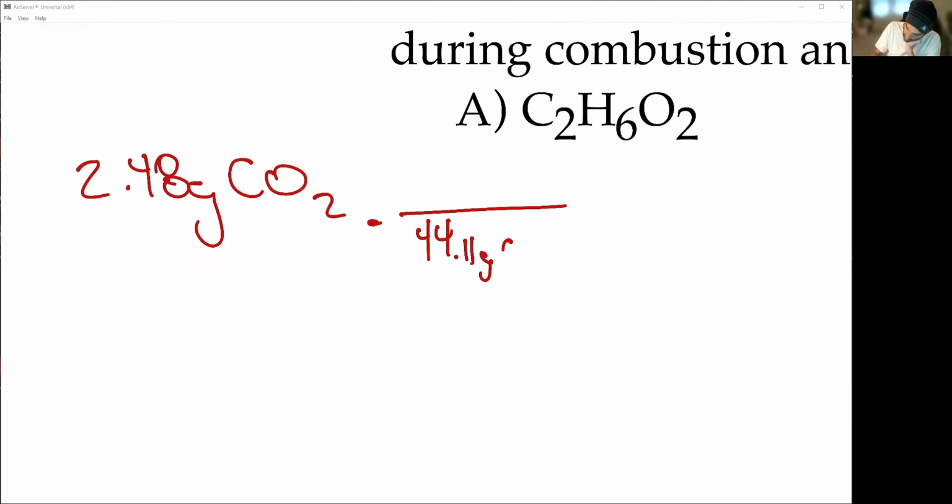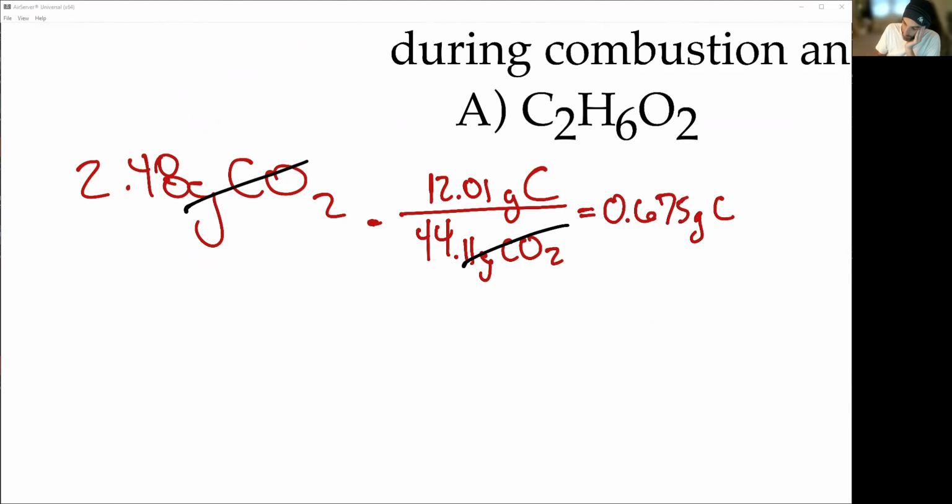44.11 grams of CO2 over 12.01 grams of carbon. Right, so grams of CO2 is going to go away and leave me with grams of carbon. I end up with 0.675 grams of carbon.